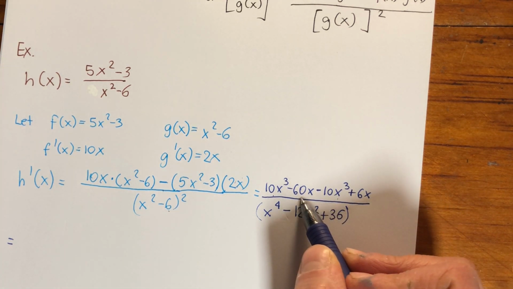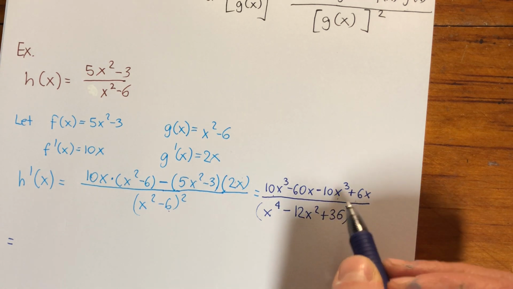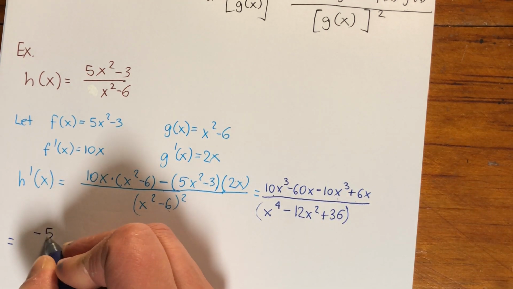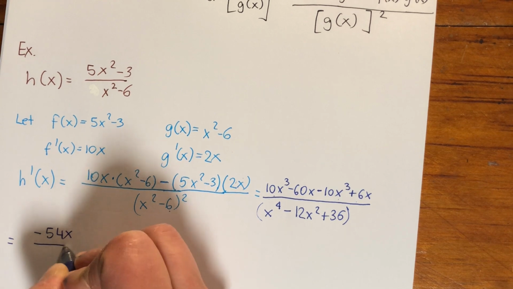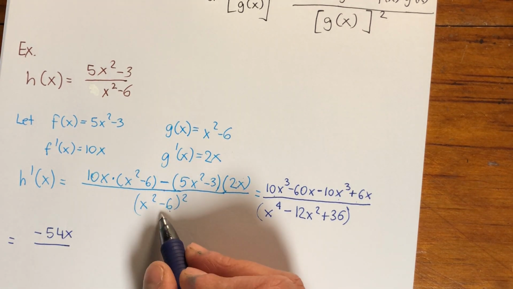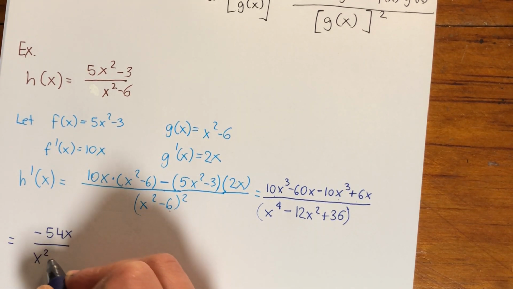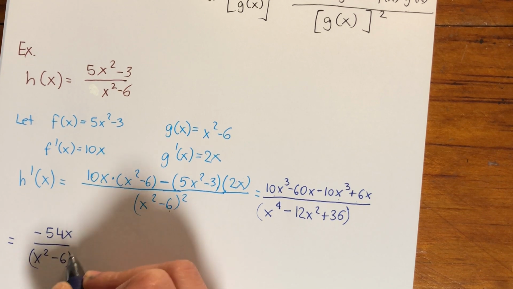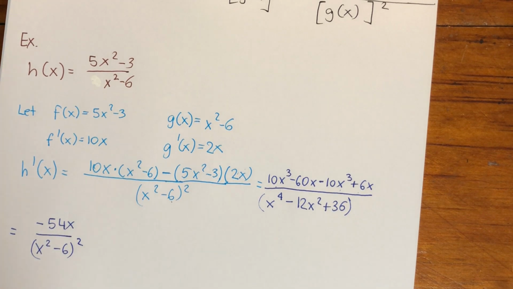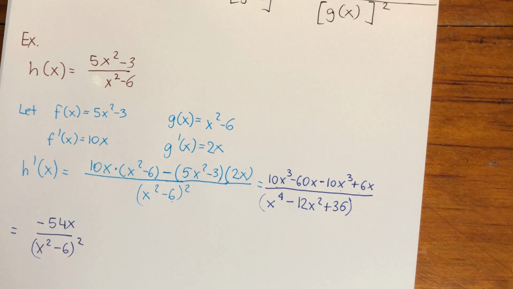And negative 60 plus 6 is negative 54x. Well, I can't simplify anything, but it does look nicer in a factored form. Depending on what you will be doing with this question, sometimes it may be a good idea to leave it either this way or this way. So just be aware, we have both ways done there.